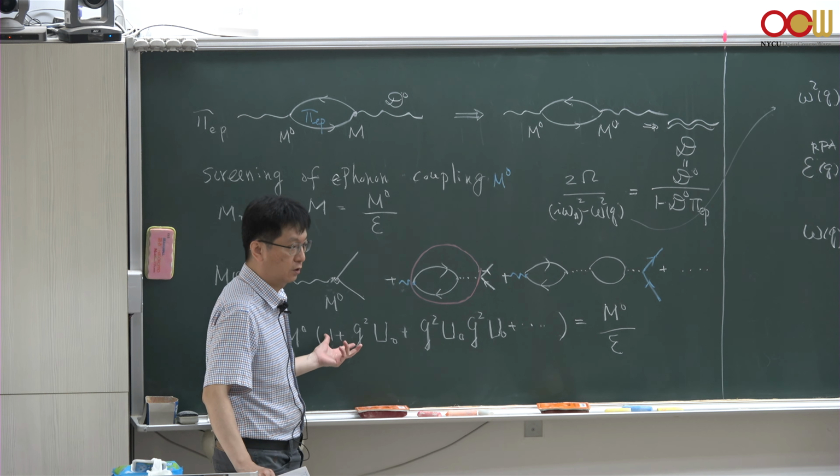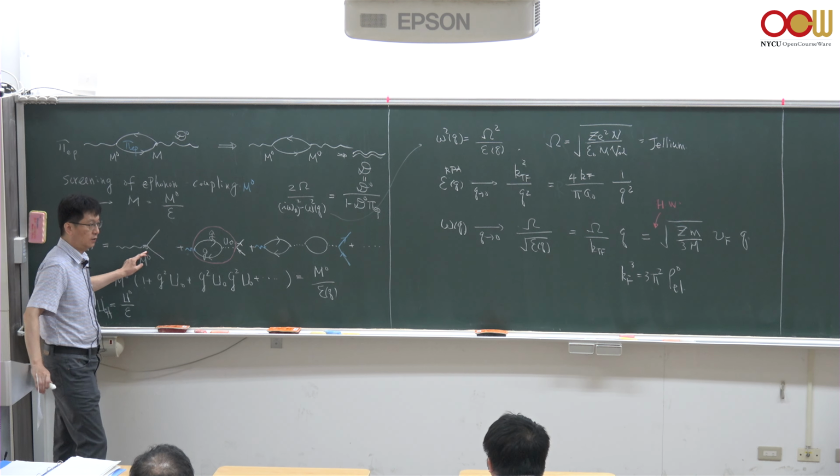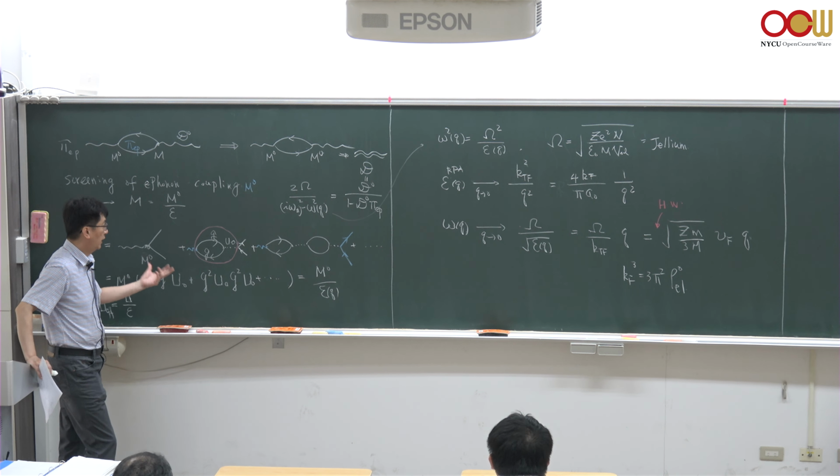So the same thing happens here, that we could renormalize the electron-phonon coupling by inserting this electron hole pair bubble and this Coulomb interaction in between. Okay. Because we already renormalized this m0 to M, in this phonon propagator calculation we simply don't renormalize this m0. Otherwise, we may have a double counting, and that's why in this renormalized phonon propagator, it involves only this m0 right here. But we will renormalize m0 later, which is right here.